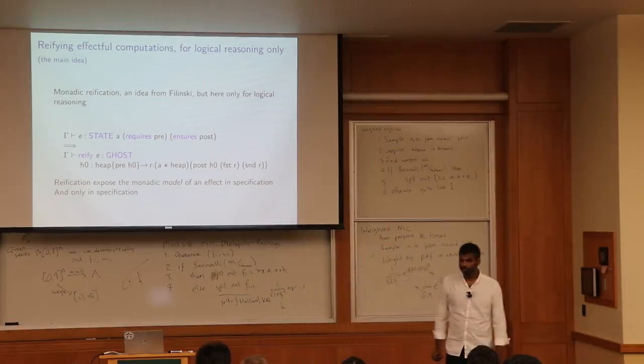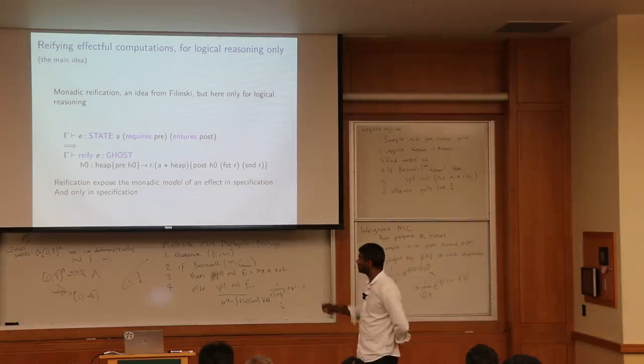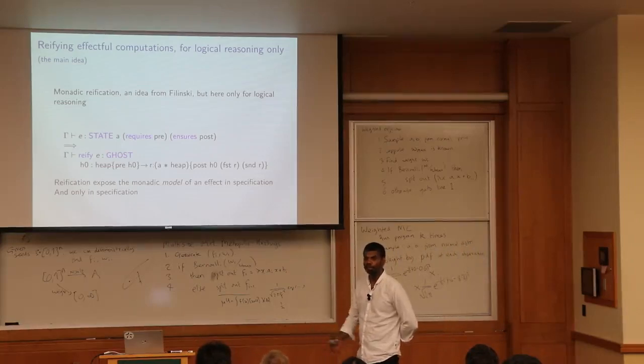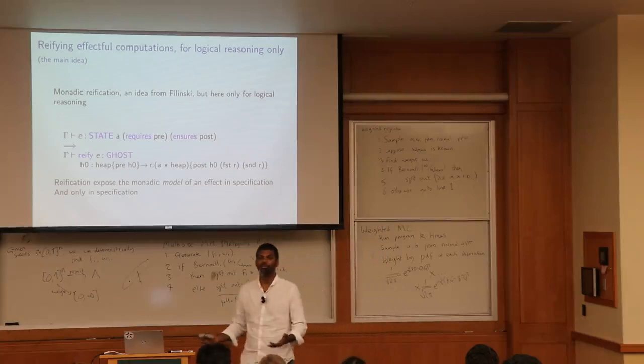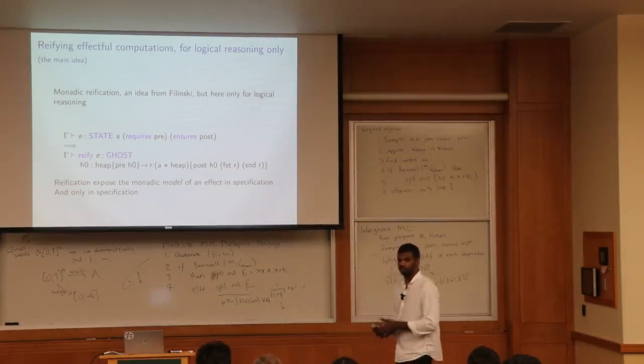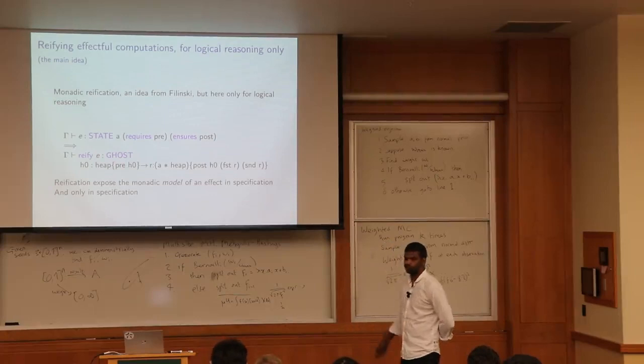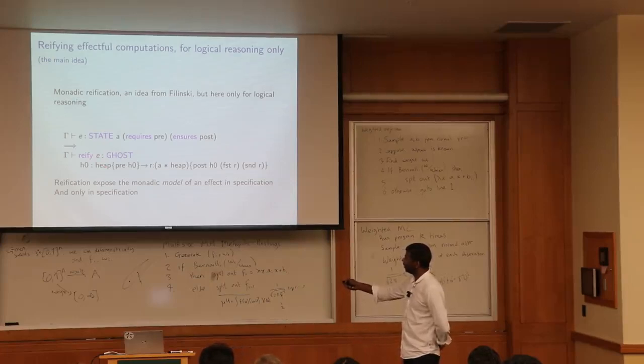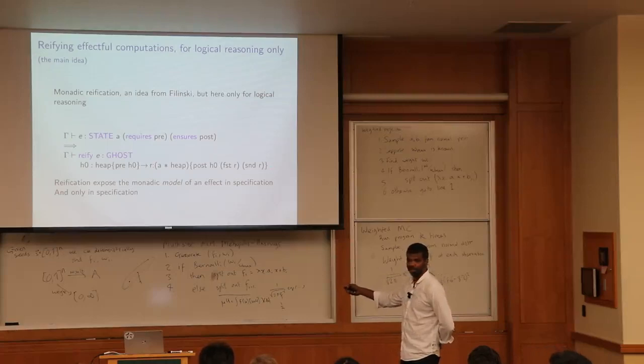Backing up a second. For some effects, it's safe for this representation to not be ghost, for it to actually be computationally relevant. You can reify something into its representation and treat it as if that reification were pure. And you may choose to do this for some of your effects, if that's what you want. But for some other effects, like the ones that are implemented primitively, it's never safe for it to not be ghost. Because, for instance, if this really were the primitive effect of state, then turning a primitively stateful computation into a state-passing computation like this requires turning the entire ML heap into a value, which you can't do.